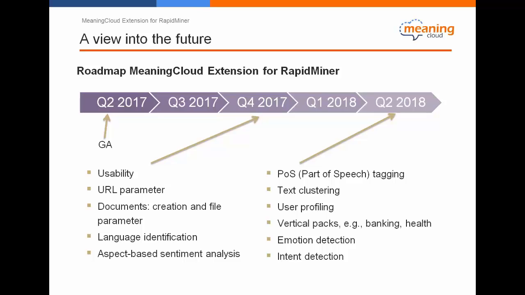We also plan totally new features, like vertical packs that enable very high quality text analytics for specific industries, or APIs for emotion detection or intent detection that will also be available for you to use as part of the RapidMiner extension.